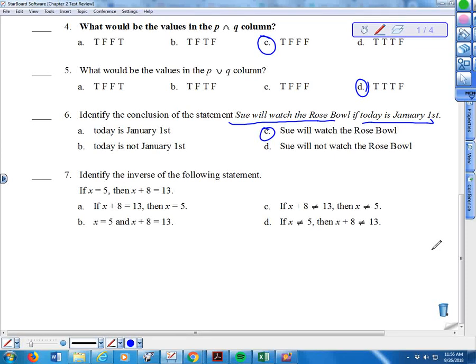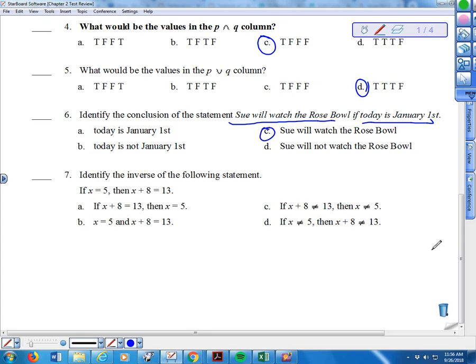You don't know what the inverse is? Does it go statement, converse, inverse, contrapositive? Isn't the inverse when they're both not? The converse is when they flip. Inverse is when they stay the same, but they're both not. So C.